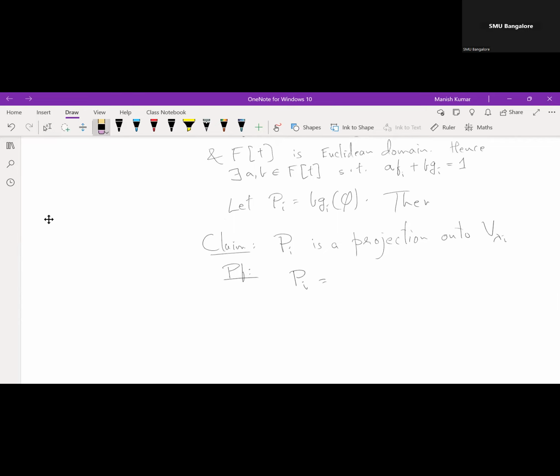So pi compose pi is b gi, a polynomial b times gi evaluated at phi.